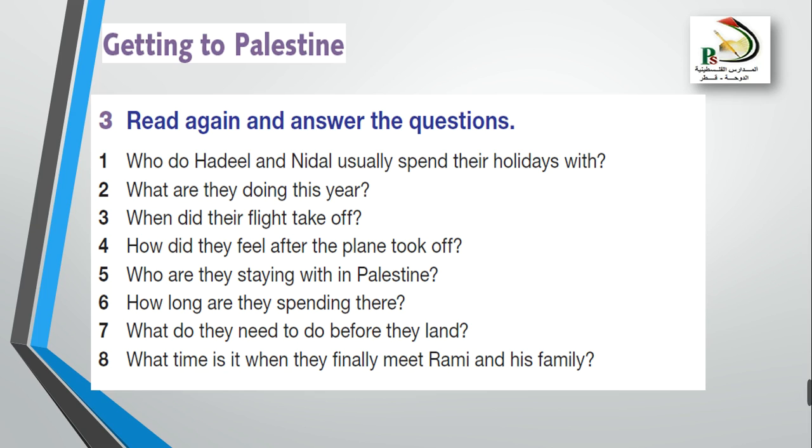Number 5. Who are they staying with in Palestine? Number 6. How long are they spending there? And number 7. What do they need to do before they land? The last one, what time is it when they finally meet Rami and his family? These questions, you have to answer them in your notebook.